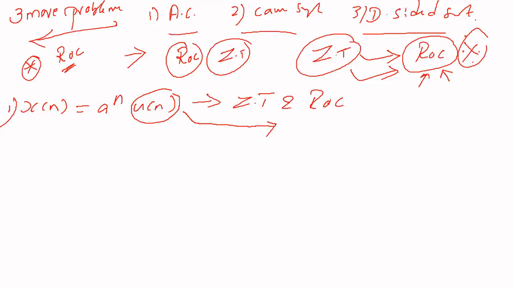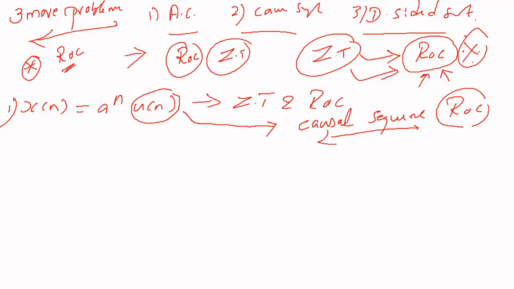So I call it a positive sided signal or positive sequence or right sided sequence or causal sequence. I hope you remember the property of region of convergence for a causal sequence. Let us verify those things.